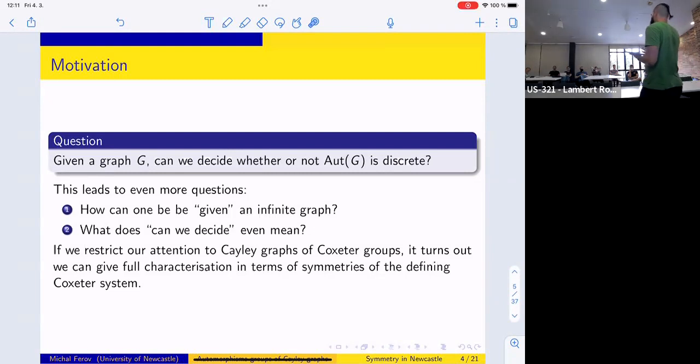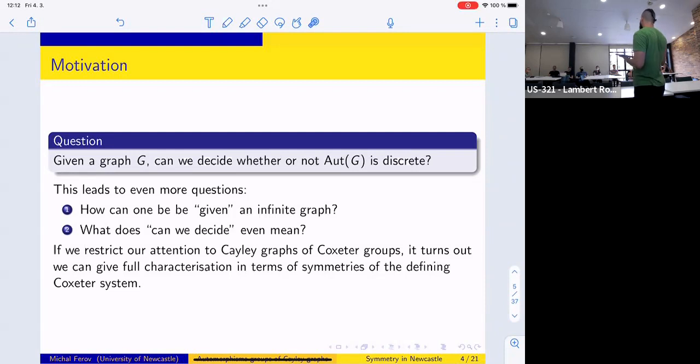So you need to be able to pass that graph with some finitary means. And then also, what does "can we decide" mean? Usually you want to be able to formally describe an algorithm or some procedure that, once you inspect the graph or the finite description of the graph that you are presented, you can use to make some decisions.